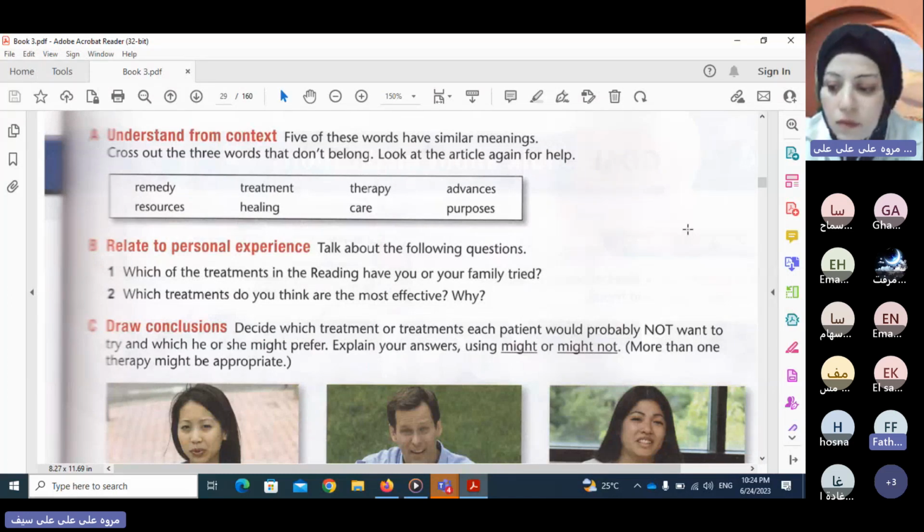So I think the best way for treatment is the traditional way, of course, because it's based on a lot of research or theories, and also herbal in some cases.